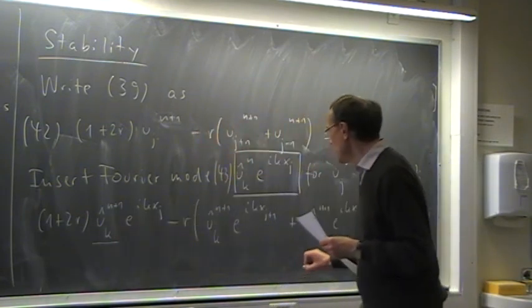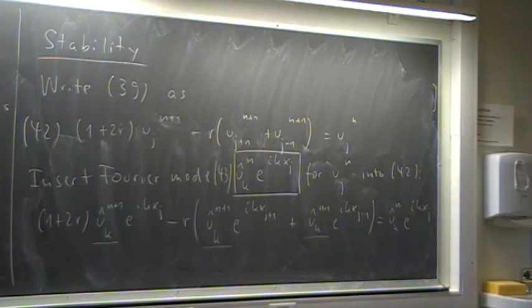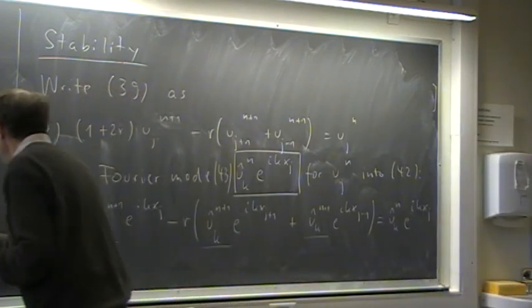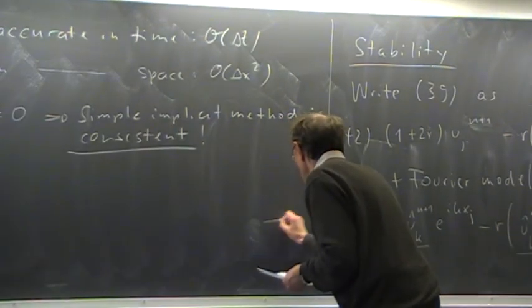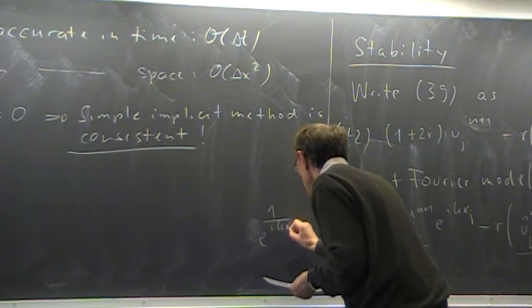The u hat_k n plus 1 on the left side, and we can also divide the whole equation by e to the I k x_j.